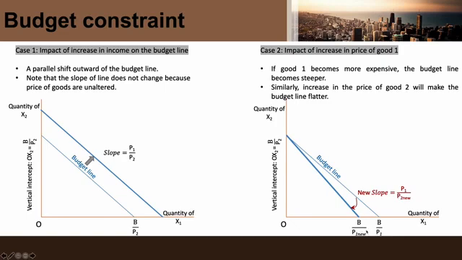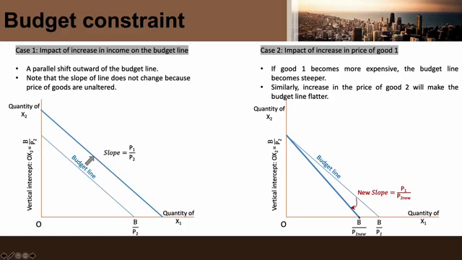So if the denominator here is increasing, then the value of B divided by P1 new would reduce and come inward. So the quantity of good 1 that a person can buy at the new price would be less as compared to when the price was lower.